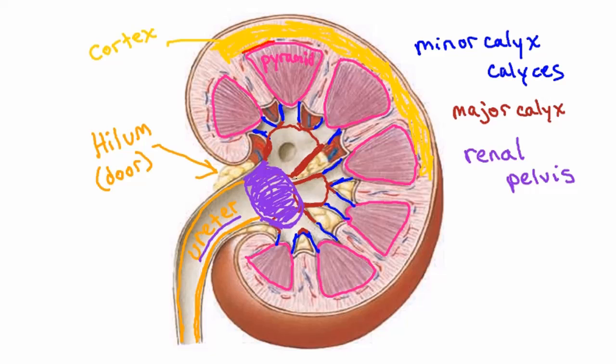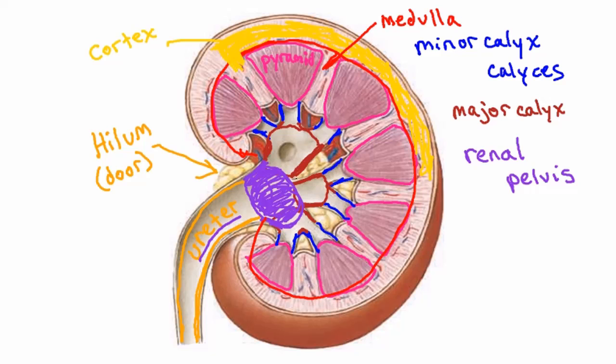And this entire area that I'm outlining in red, where all the pyramids are, this entire middle of the kidney, the middle tissues in the kidney, this is all called the medulla. So remember, medulla, think middle, and that's where the pyramids are.